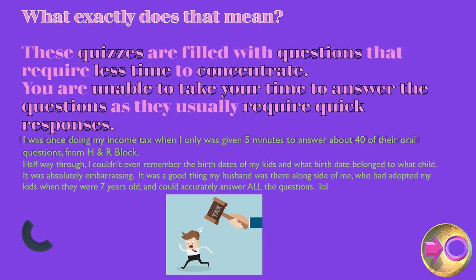So halfway through, I couldn't even remember the birth dates of my kids and what birth date belonged to what child. It was bad, okay? It was so absolutely embarrassing. It was a good thing my husband was there alongside of me, who had adopted my kids when they were 7 years old and could accurately answer all the questions. What a mom, right?